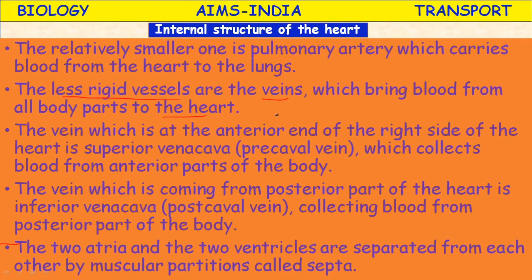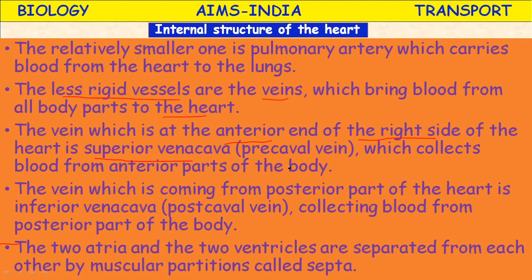Because they are carrying blood from all the parts of the body, and they carry that blood to the heart. The vein which is at the anterior end of the right side of the heart is the superior vena cava.